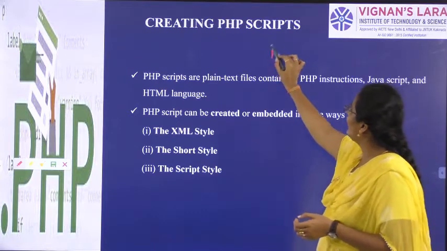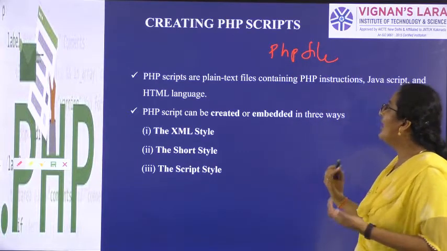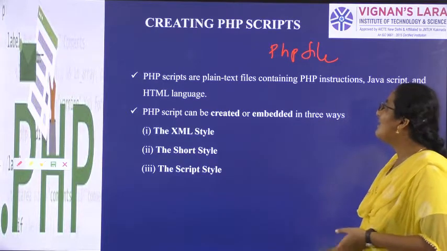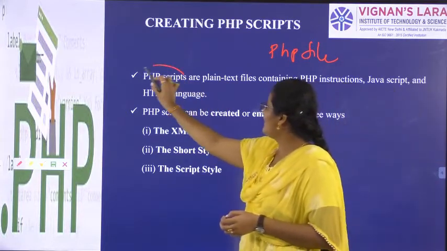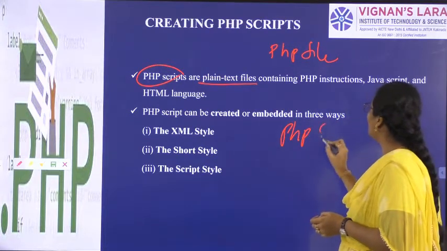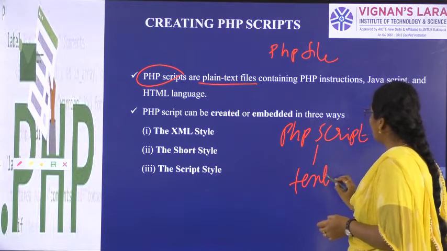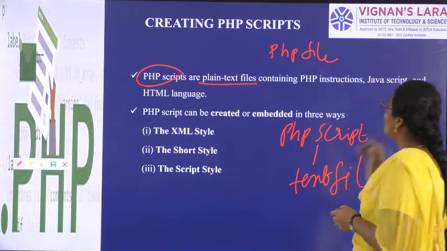Now I already created the PHP file, and I need to know how to create these PHP scripts. If you see here, PHP scripts are plain text files. So what is a PHP script? It is a text file. What does it contain?